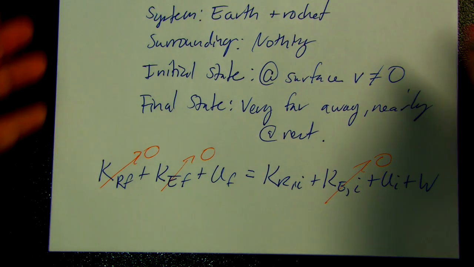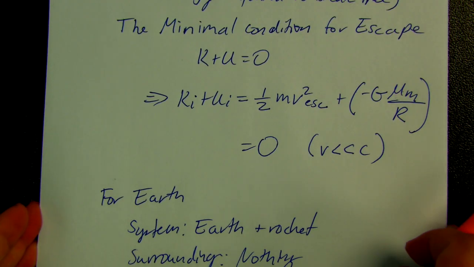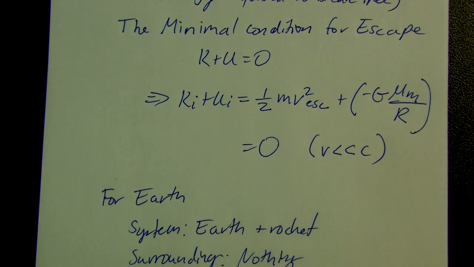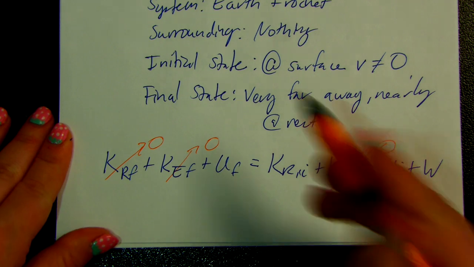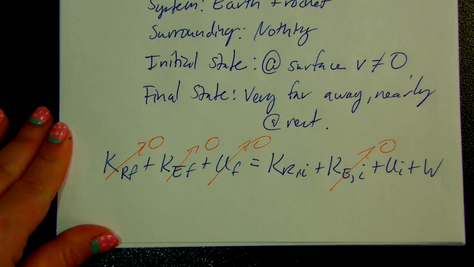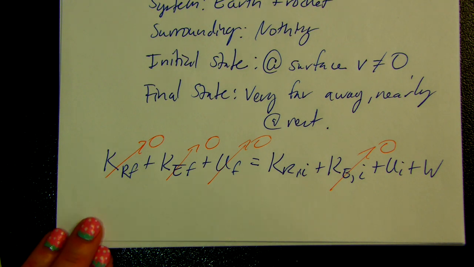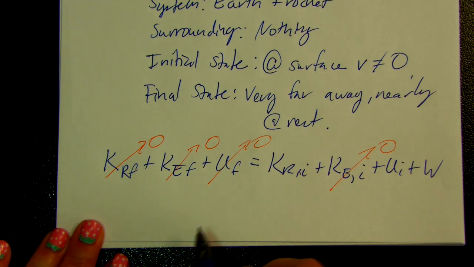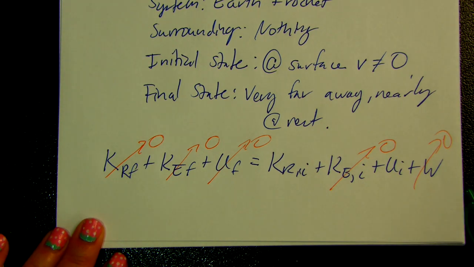By our original condition that K plus U is equal to 0, the potential between them, very far away, is essentially 0. This side is now zeroed out entirely. And there's nothing in the surroundings, so work is also equal to 0.